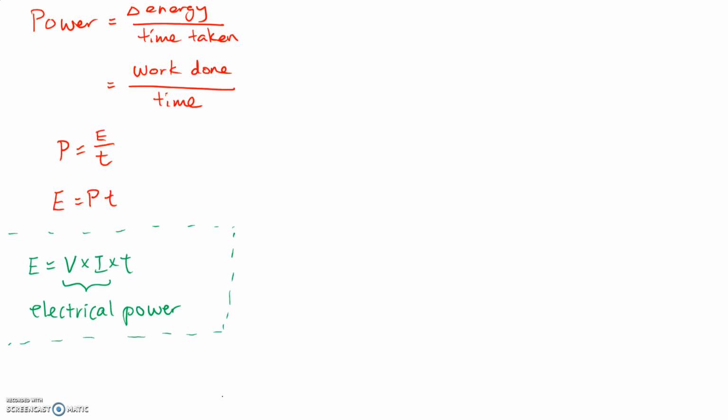With this, when we talk about power, the SI unit for power is actually watts, capital W. And the SI unit for work done is joules. So actually 1 watt is equal to 1 joule over 1 second. So whenever you're using this formula, remember to convert the unit into seconds.